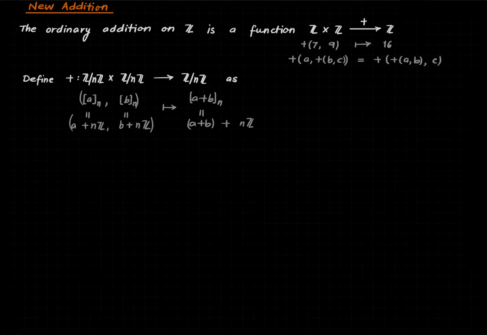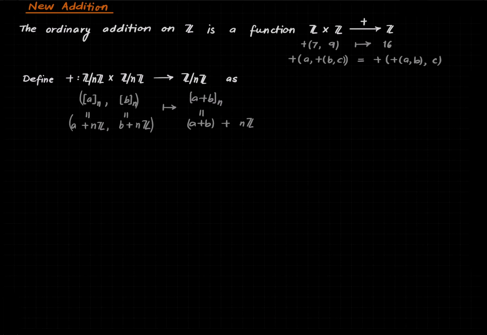It's in some sense a very natural definition, but there is an issue here. Suppose somebody takes the equivalence class of A. A is an integer. Before I get there, this is our definition and we write it like this. We use the same kind of convention that we use for ordinary addition.